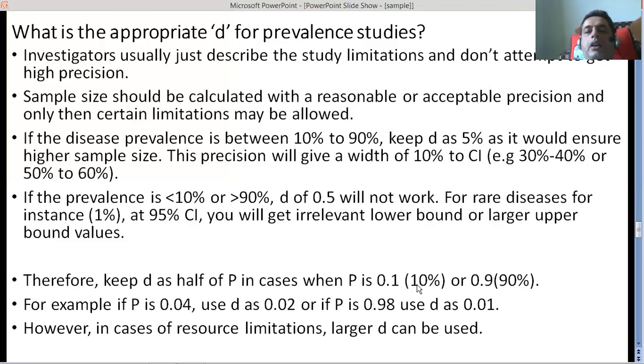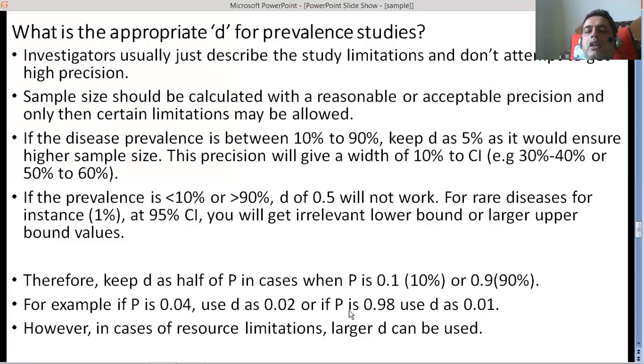when we have this situation, the disease is from 10 to 90% prevalent. For example, if the expected prevalence P is 0.04, then the D value would be 0.02. Or if it is 0.98, you can use D as 0.01.